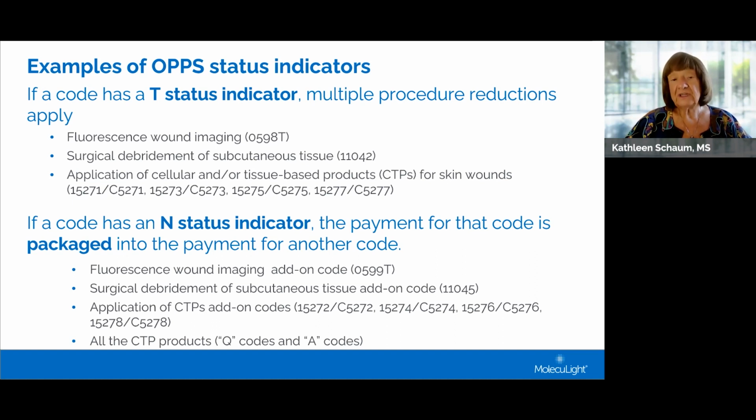Some examples of this, of course, we just spoke about: the fluorescence wound imaging add-on code 0599T, and then the add-on code for the surgical debridement of subcutaneous tissue, which is 11045. And then all the add-on codes for the application of both high-cost and low-cost CTPs. And then the actual CTPs themselves, the products, all have an N status indicator, no matter whether the product has a Q or an A code, and they are all packaged.